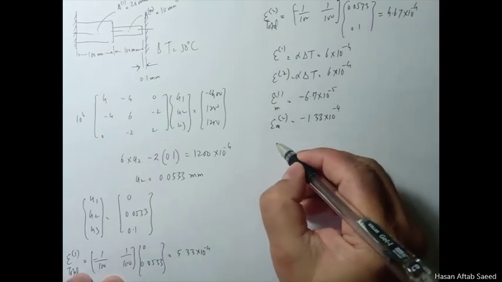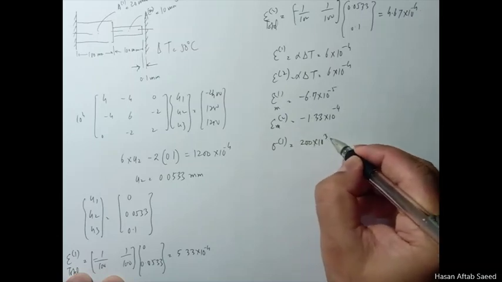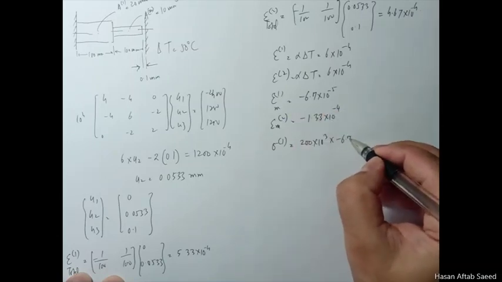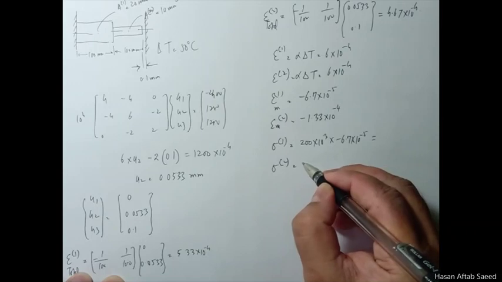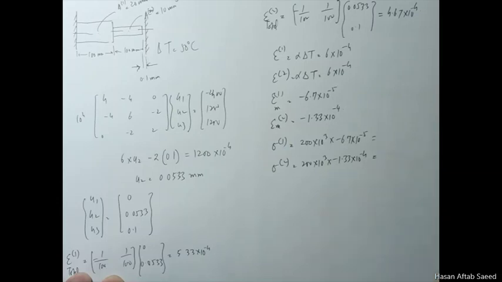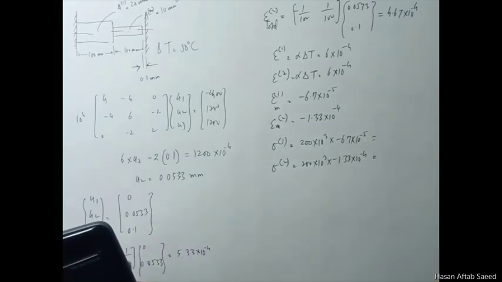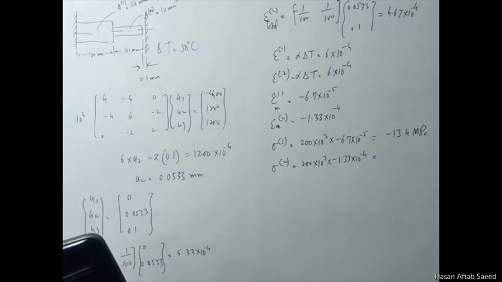Now all that needs to be calculated is sigma 1. Now we are in a position to use the Young's modulus with the mechanical strain, similarly sigma 2. This is the Young's modulus, and this comes out to be minus 13.4 megapascals, and this one should be double of that.